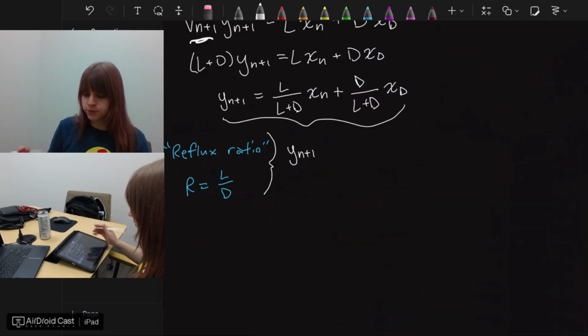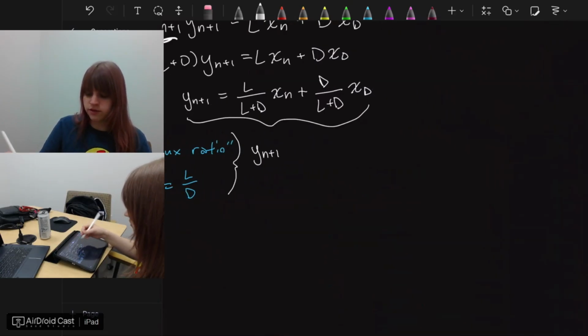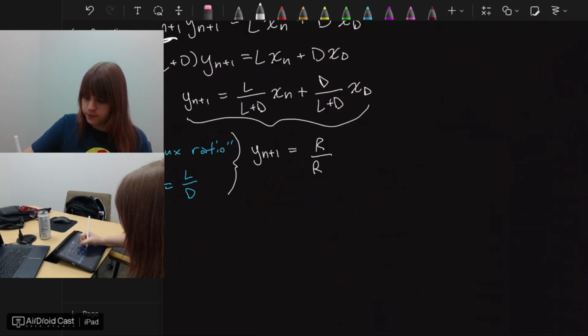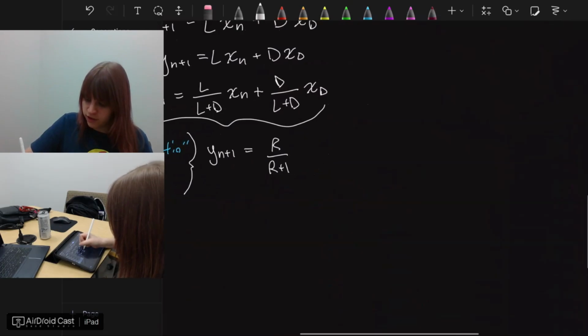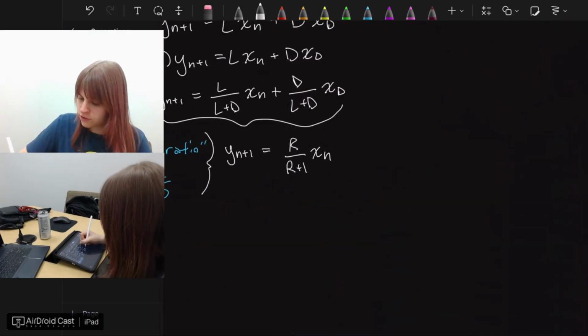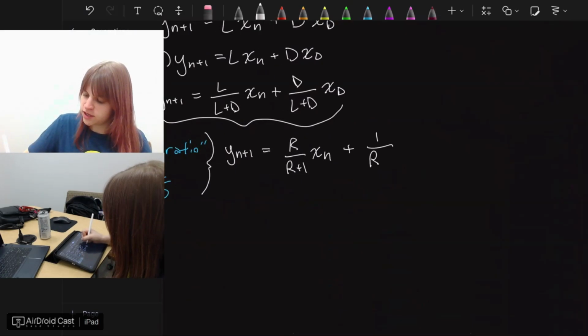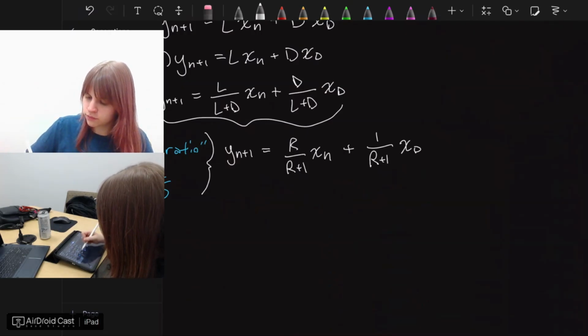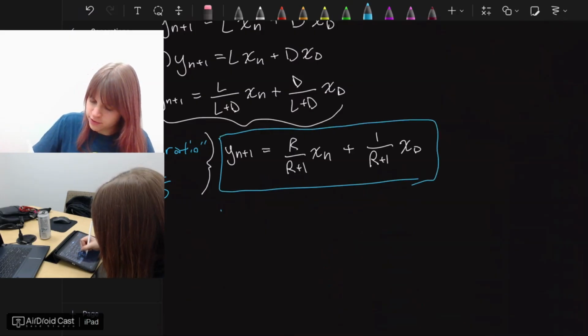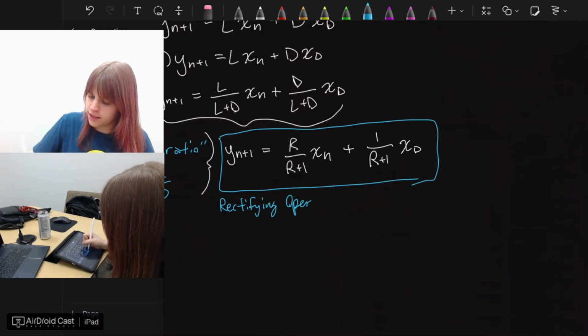So you have yn+1, that's the vapor composition at the stage below, is equal to R over R plus 1 times xn plus 1 divided by R plus 1 times xd. And this is our rectifying operating line.